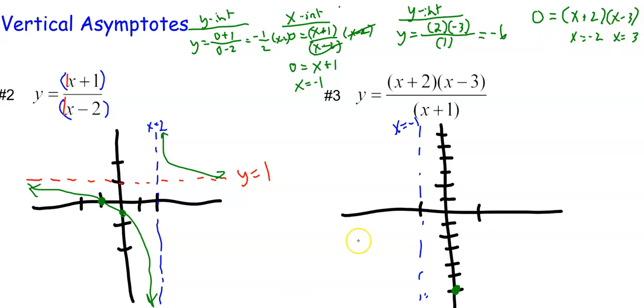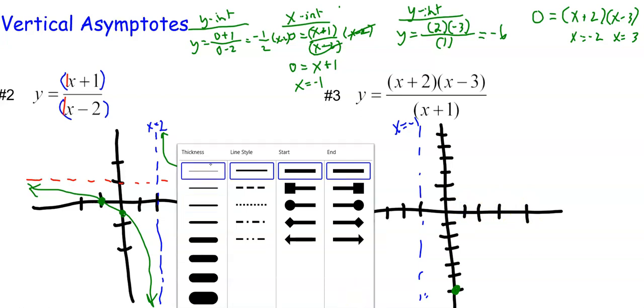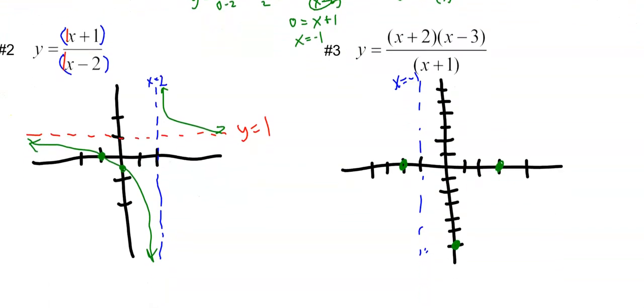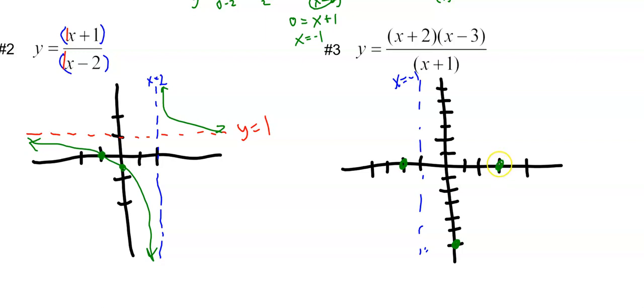So let me graph those here. Okay, x equals negative 2 right about there. x equals 3 right there. So on the right side, I have a pretty good idea what's happening here. I mean, these two lines are connected, right?